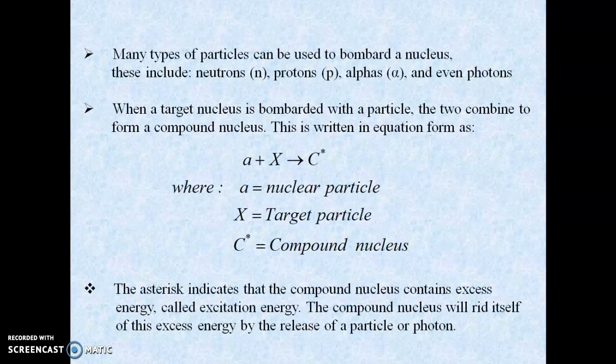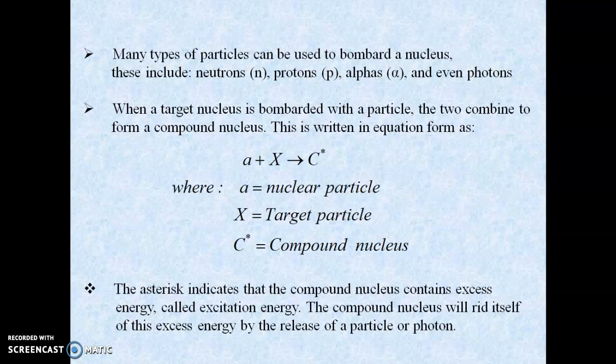Many types of particles can be used to bombard a nucleus. This includes neutrons, protons, alpha particles, and even a photon. When a target nucleus is bombarded with a particle, the two combine to form a compound nucleus.